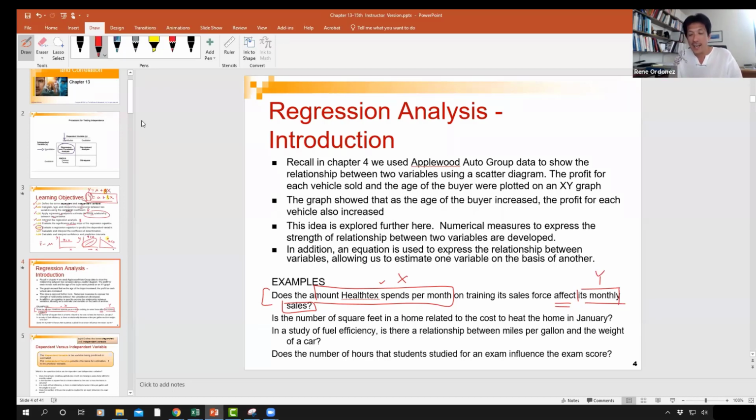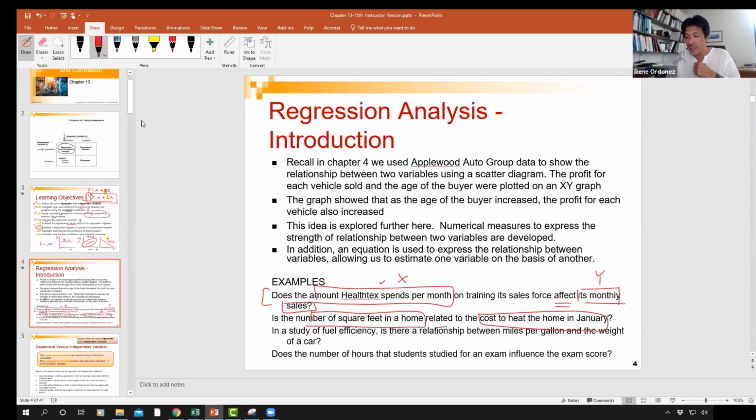Next question, is the number of square feet in a home related to, they're using a different word instead of affecting, using the word related to, the cost of heat to heat the home in the month of January. Both of these variables are quantitative.